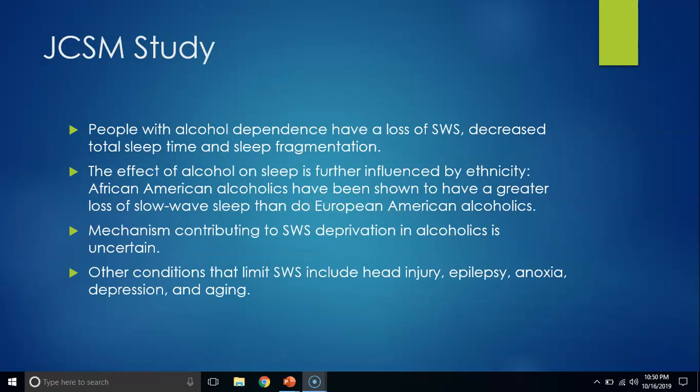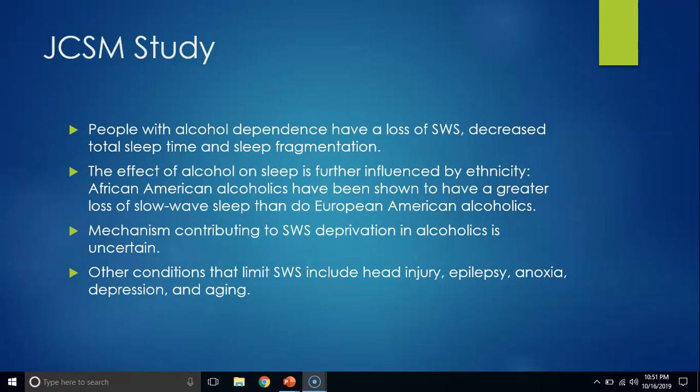The Journal of Clinical Sleep Medicine actually did a study on outside factors that can control slow-wave sleep. People with alcohol dependence have a loss of slow-wave sleep, decreased total sleep time, and sleep fragmentation. The effect of the alcohol on sleep is actually influenced by ethnicity.